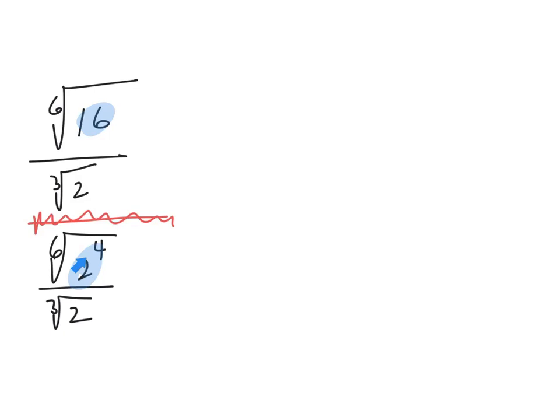2 to the 4 over 6, and then 2 to the 1/3. So when I write them as rational exponents with the same base, we're just working it the other direction. We spent some problems earlier going from this to this, and we can go the other way too.